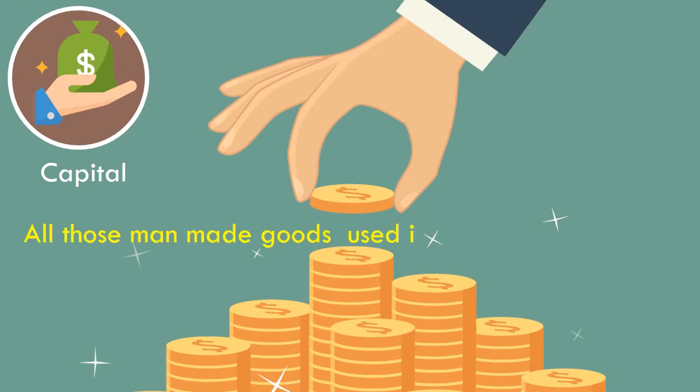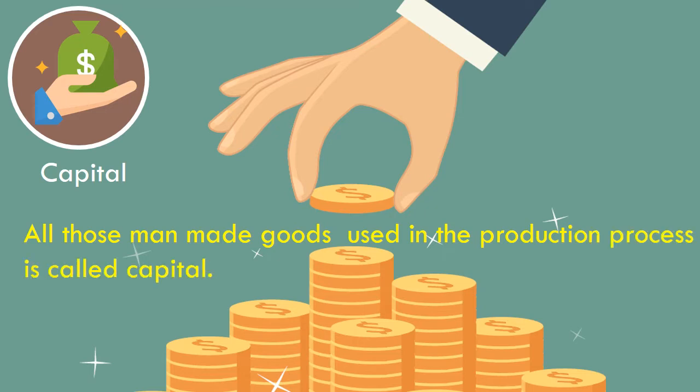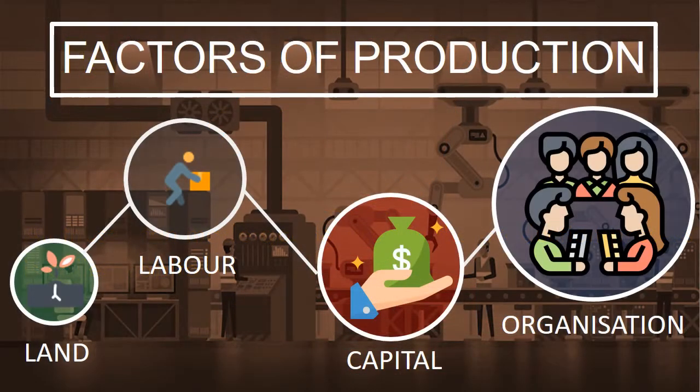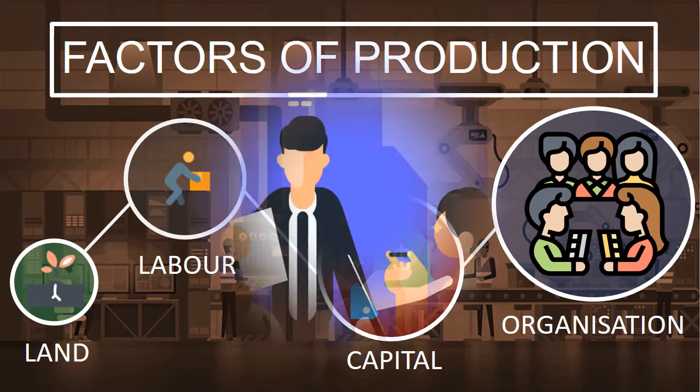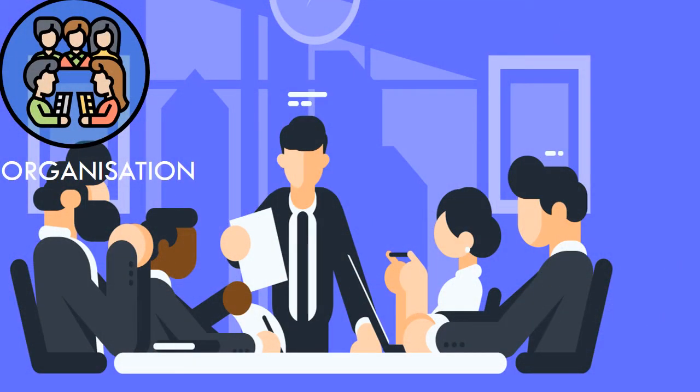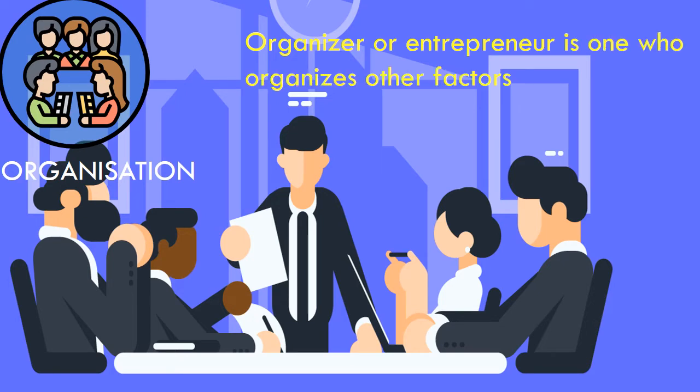All those man-made goods used in the production process is called capital. It's nothing but investment. And the last one, organization. Organizer or entrepreneur is one who organizes the other three factors of production.